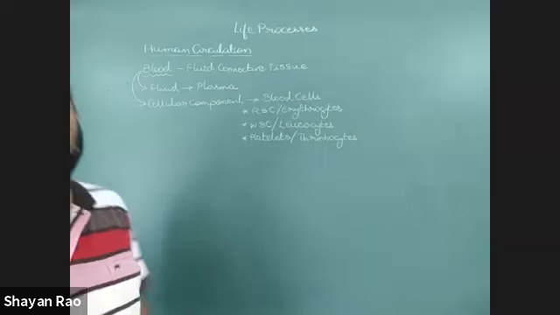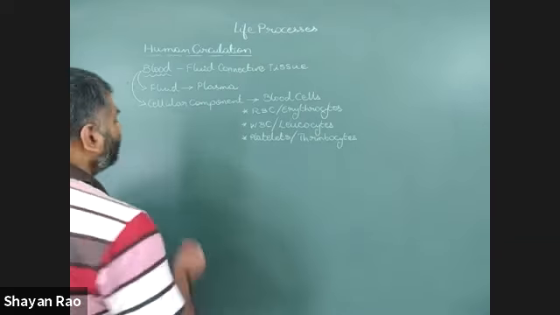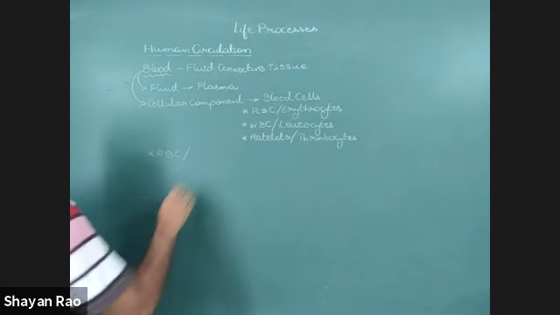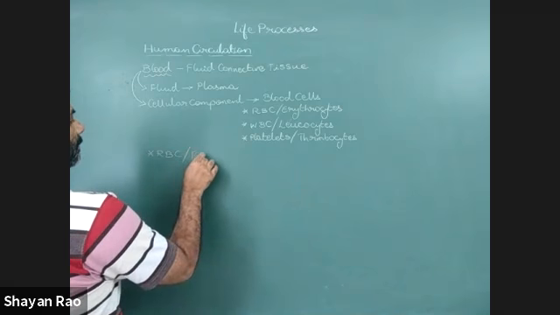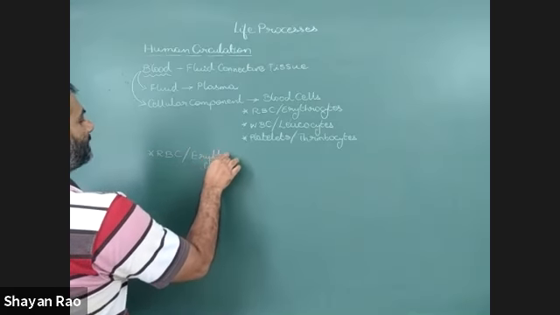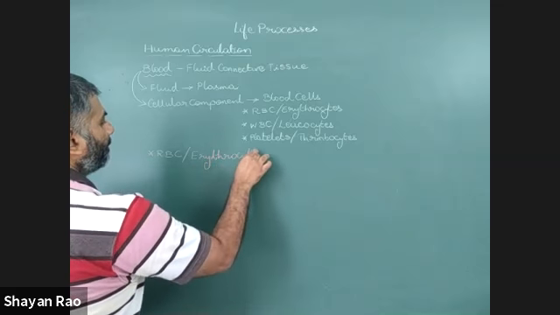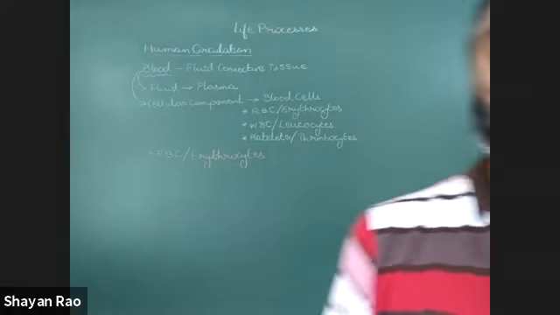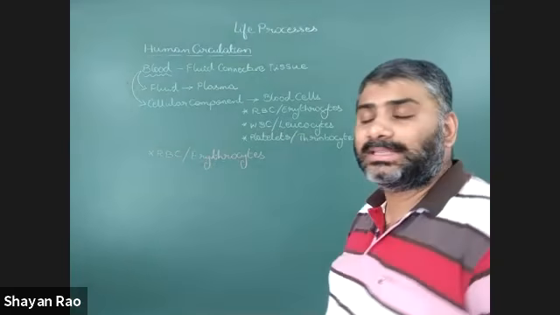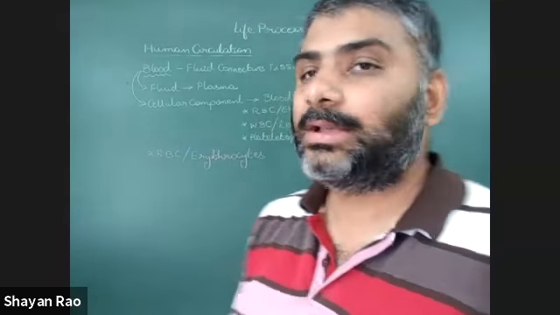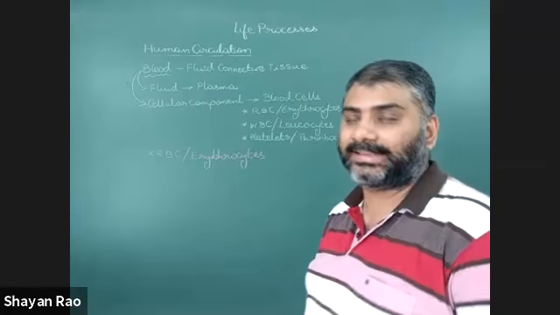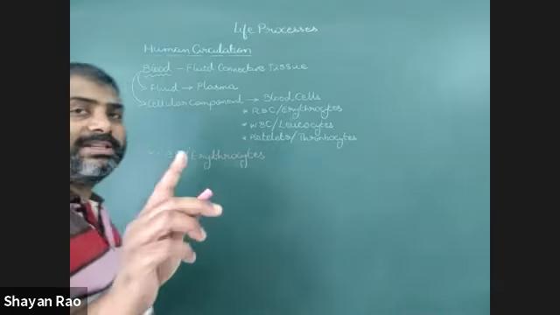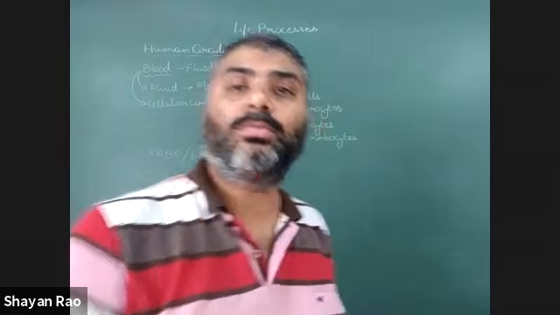Now going ahead with the first one, which is called the RBC, also called erythrocytes. What is this RBC or erythrocytes? RBC stands for red blood corpuscles, which we also call erythrocytes. These erythrocytes are the largest number of cells present in the human body.